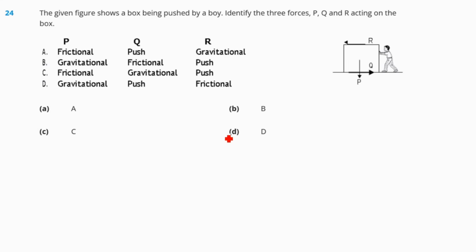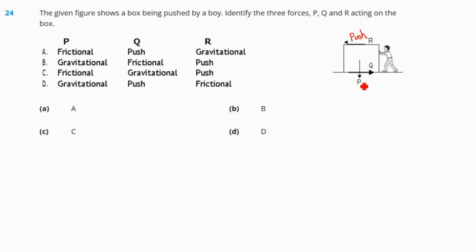Question number 24. The given figure shows a box being pushed by a boy. Identify the three forces P, Q, R acting on the box. So here, as the boy is pushing this side, R is the force that is given in the form of a push. Q, you can see the arrow is downward, right?